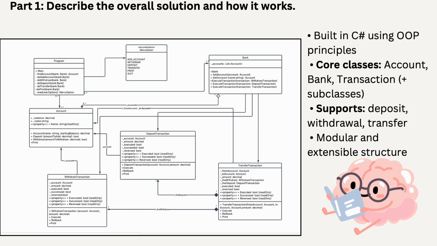Each of these inherits from the base transaction class and overrides the behavior as needed. For example, the withdraw transaction checks for sufficient funds before processing, while the transfer transaction interacts with two accounts, both the sender and the receiver. All of these classes are designed to work together in a modular and extensible way, as you can also see from the relationship between classes in the diagram.